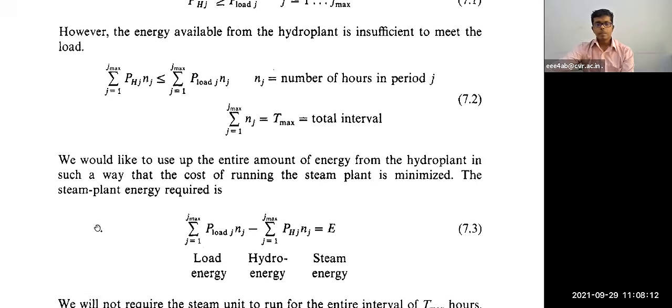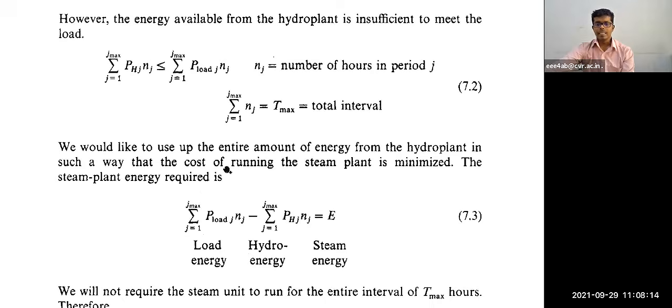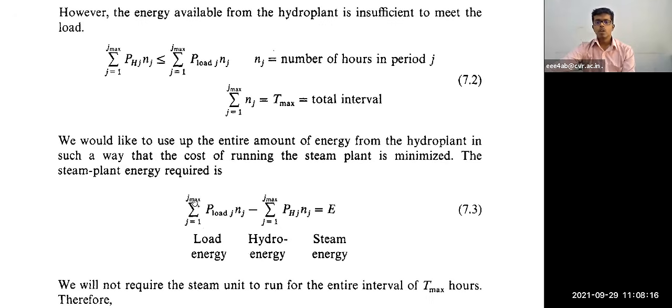Then what is the steam power plant energy required? How to meet the total load? Hydro plus steam is nothing but load. So whatever power is generated from the hydro plus whatever power is generated from the steam, that is equal to the load. So if you want steam alone, steam is equal to load minus hydro.